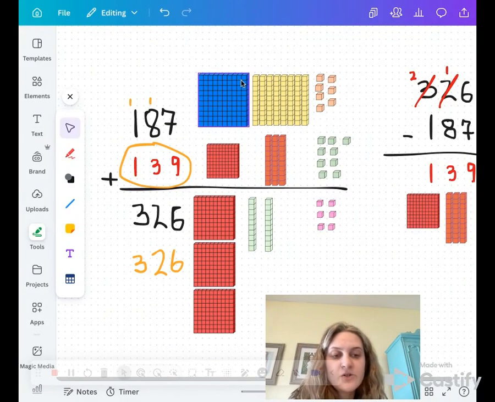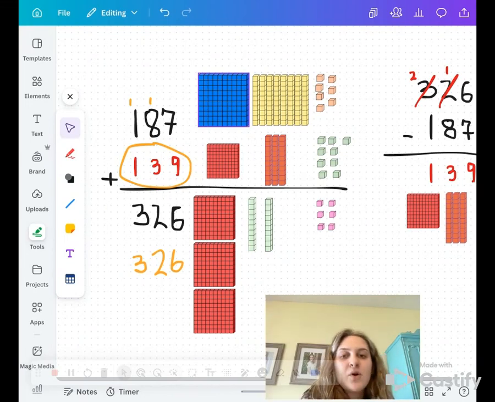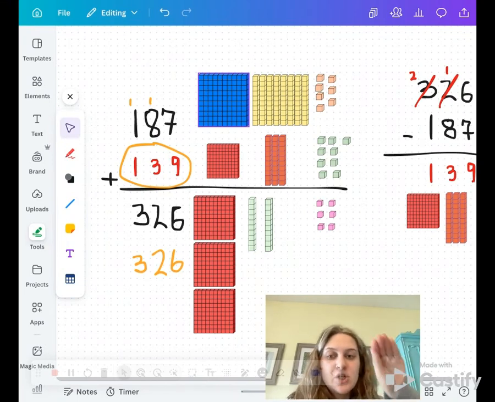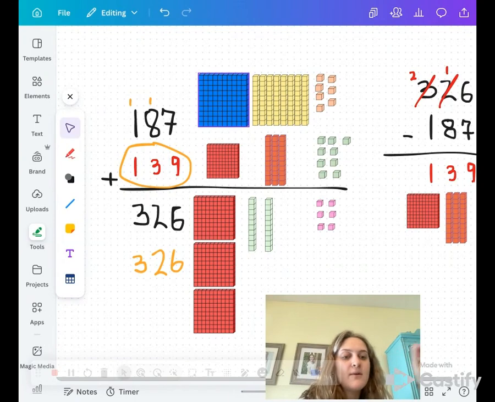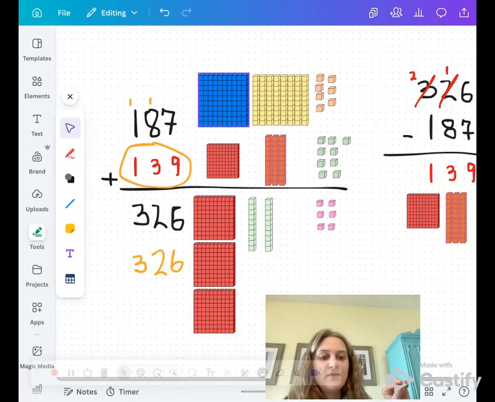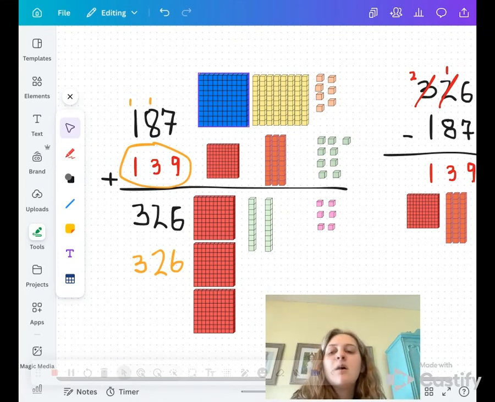So there are some challenges with this problem. Often when we trade a 10 for ones, that 10 is gone from the tens column. And so a common mistake is that students will try and subtract from the original 2 tens later on, forgetting that they already had physically regrouped that ten.